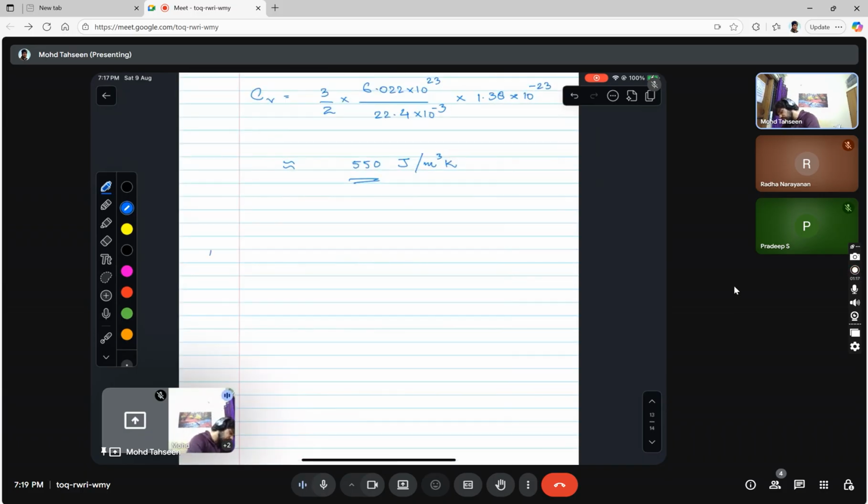Now question 4 says: what is the thermal energy per unit volume for argon at STP? So how do we calculate that?